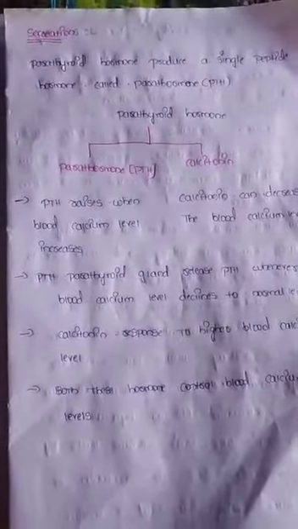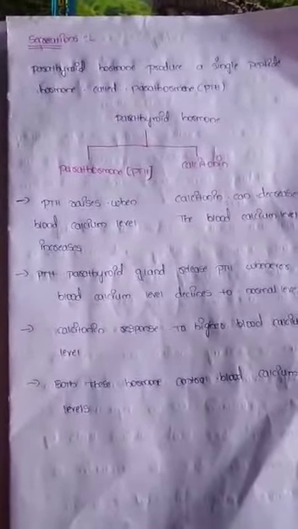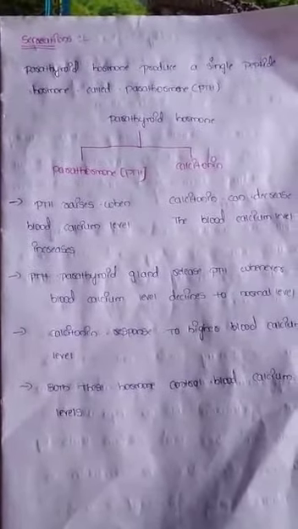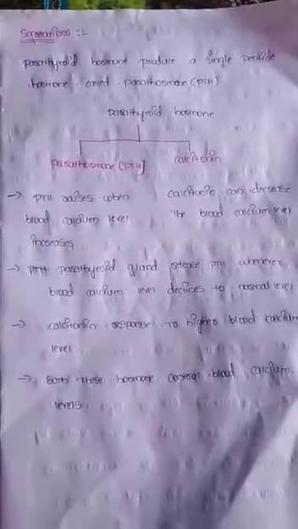The parathyroid gland releases PTH whenever blood calcium levels decline below normal, and calcitonin responds to higher blood calcium levels. So PTH increases the calcium levels and calcitonin decreases them. Both these hormones control blood calcium.